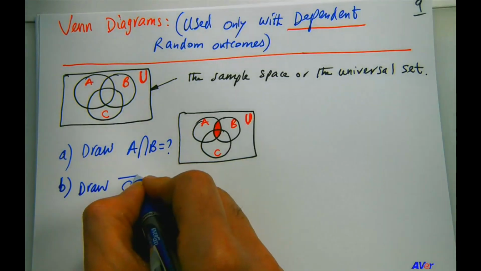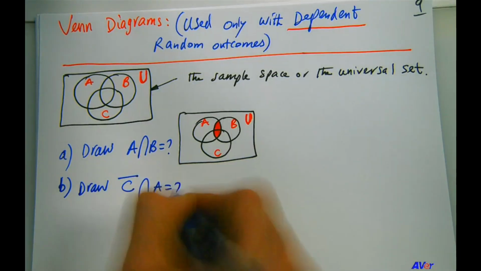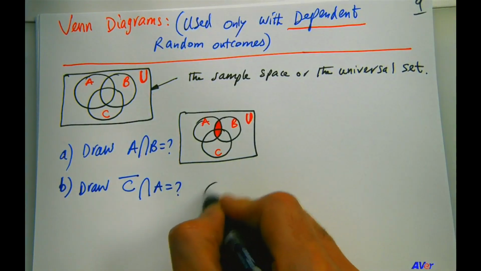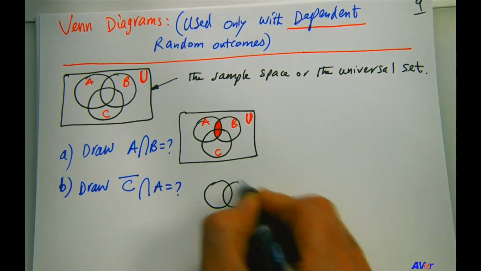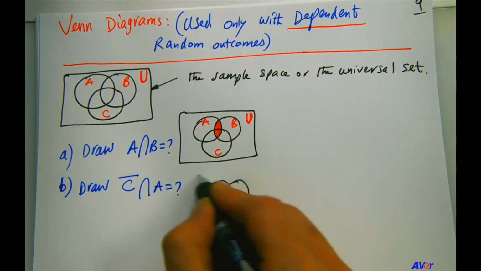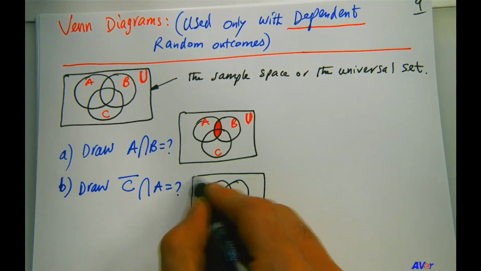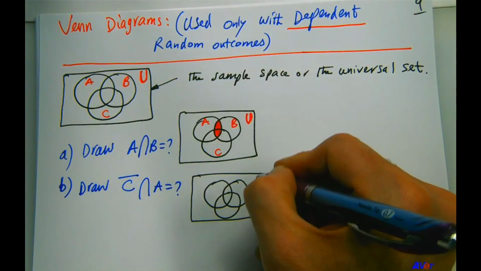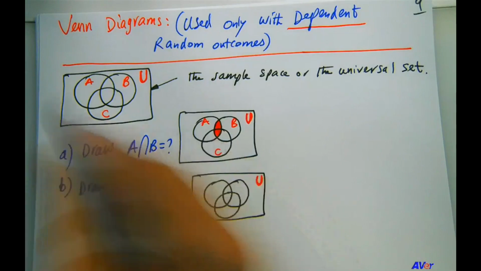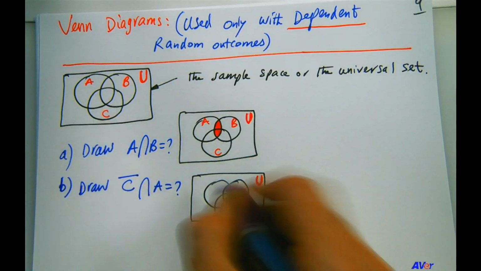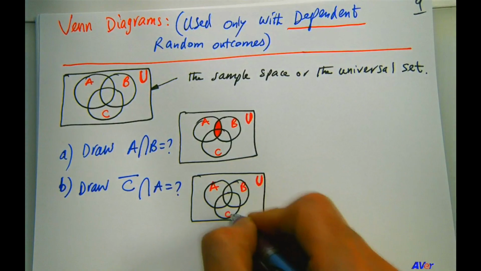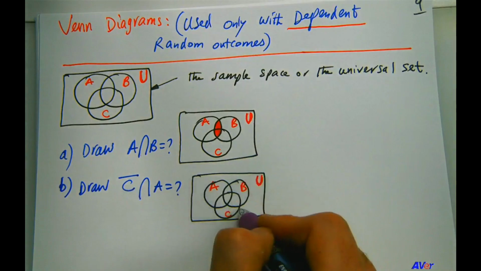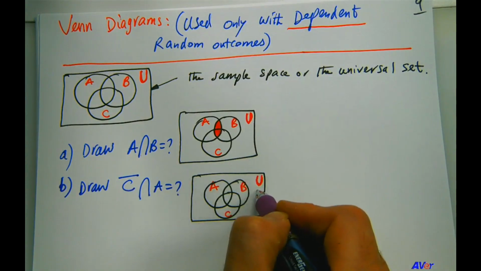Okay, let's draw C bar intersection A. Suppose we want to draw that. Well, first of all, let's draw the 3 circles again. Okay, so these should be duplicates. I mean, if they're not, it's my fault, but these are the same circles and the same Venn diagram. So A, B, C. So C bar would be everything outside of C, but inside the box, right?